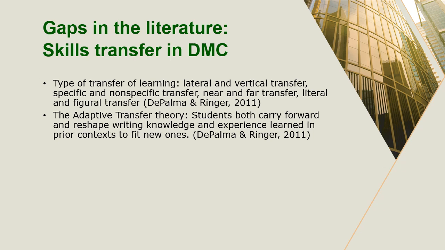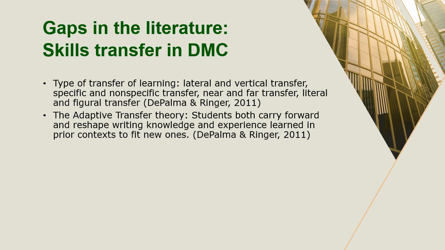For example, near transfer means the learning of skills that can directly be applied to a similar context. If you learn the typing skill in one course, then you can immediately migrate the skill to typing other things in other contexts without much change. On the other hand, far transfer means the context of the transfer is distinctly different from the original context.